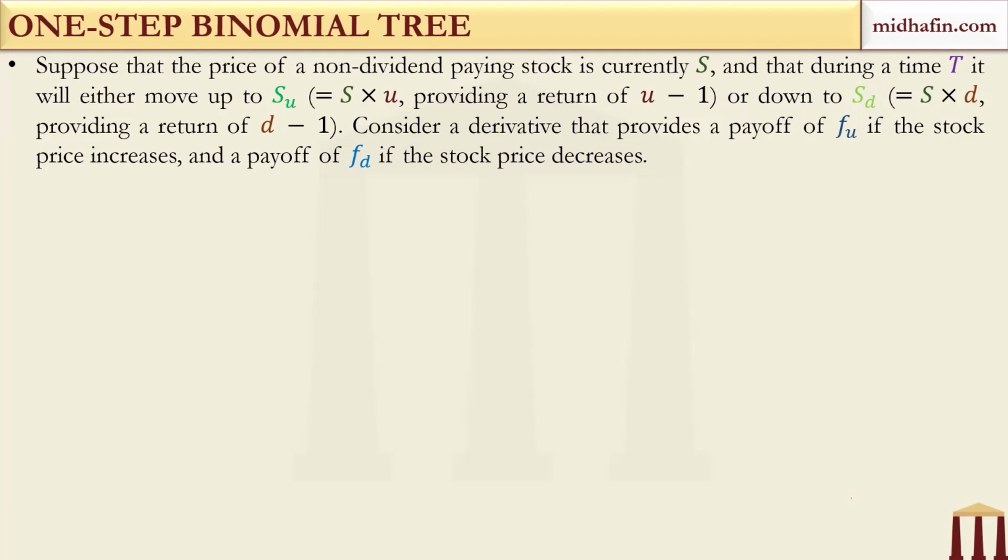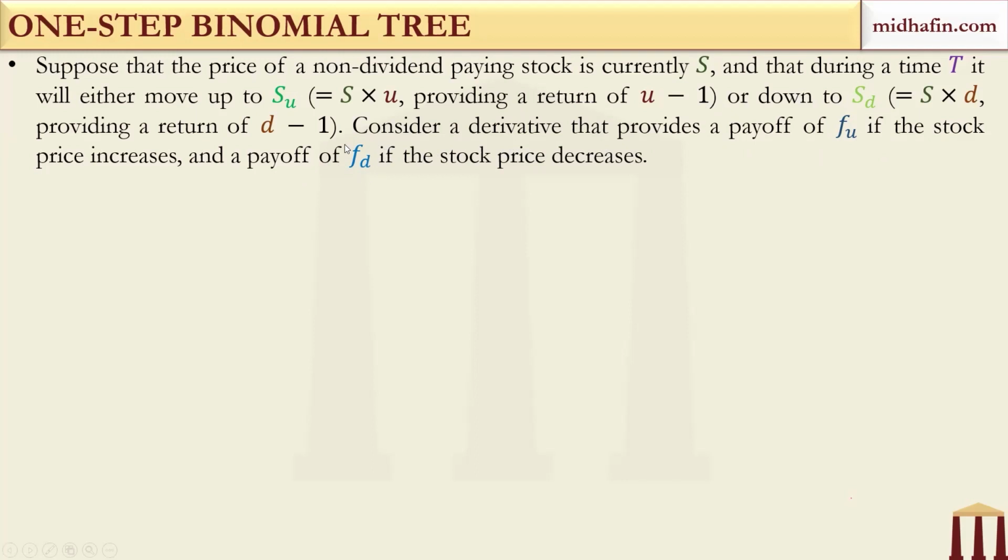Given this scenario, let's consider a derivative that will provide a payoff of FU if the stock price increases. If the stock price is SU, the payoff is FU. And if the stock price is SD, the payoff from the derivative is FD.